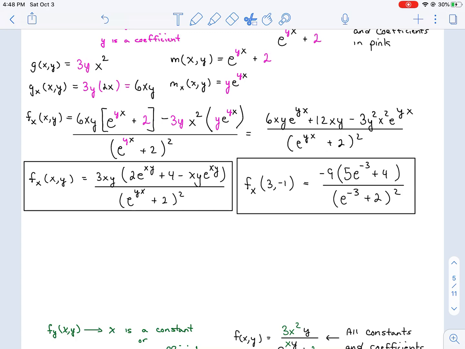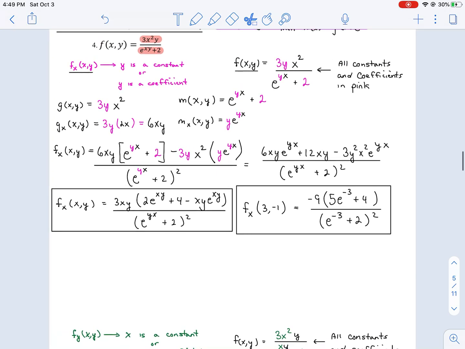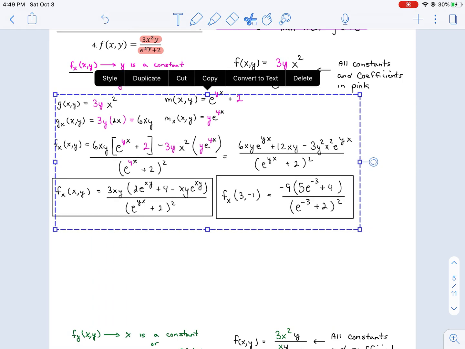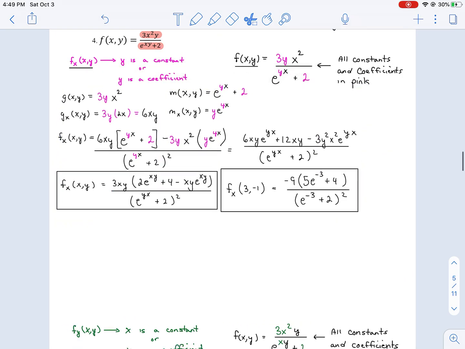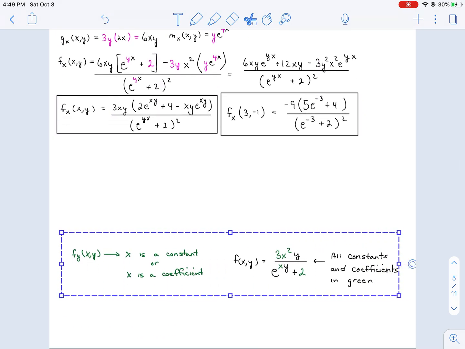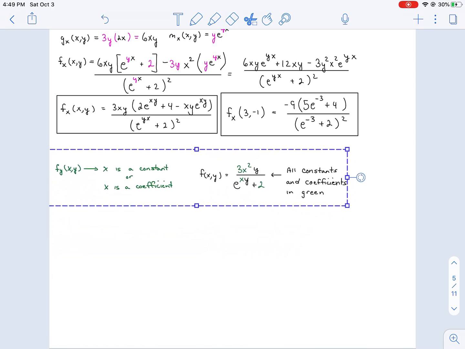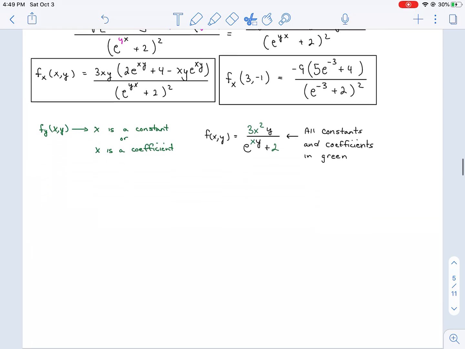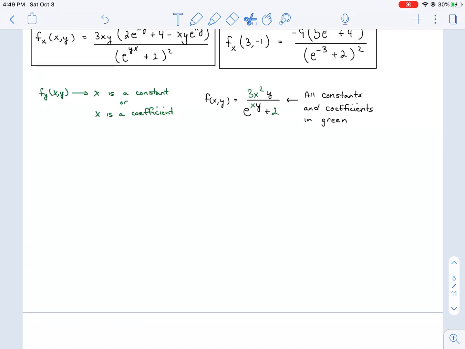Okay, now it's time to find the partial derivative with respect to y. And before we do that, I'm just going to shrink all of this work here. That way we have more space. Okay, so remember, when we want to find the partial derivative with respect to y, we're going to treat x as the constant or x as a coefficient.